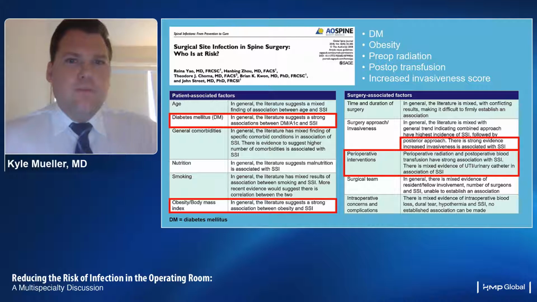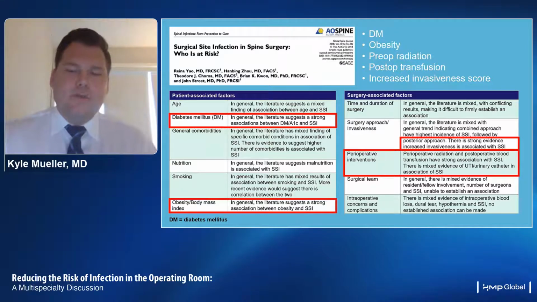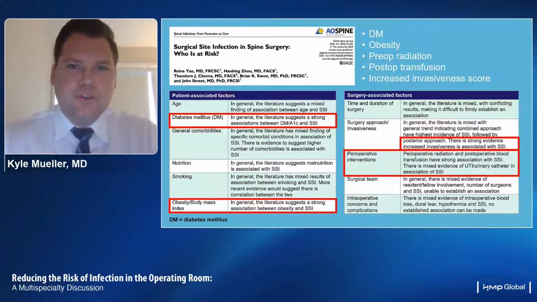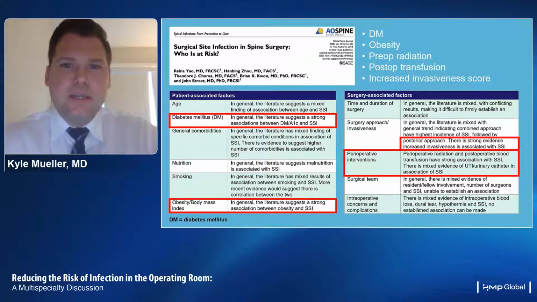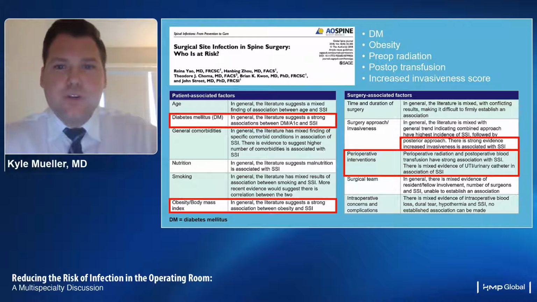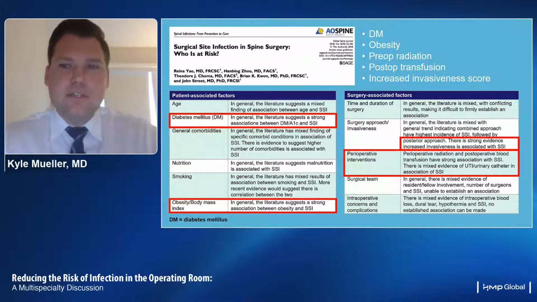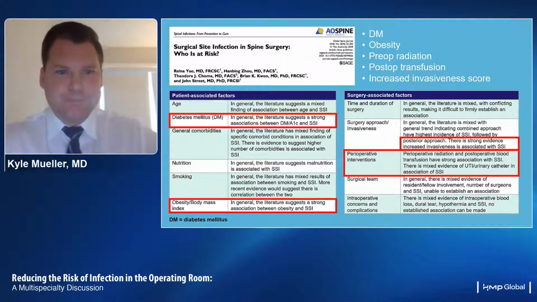So what we've developed now, this is a recent paper that summarizes a variety of factors from patient-associated to surgery-associated factors on high-risk individuals. And these are things such as diabetes, obesity, things that we do intra-op, such as transfusions, and the degree of invasiveness of the surgery, factors related to putting patients at higher risk of surgery.